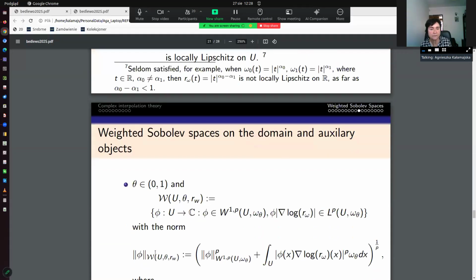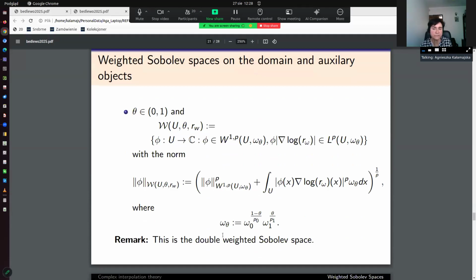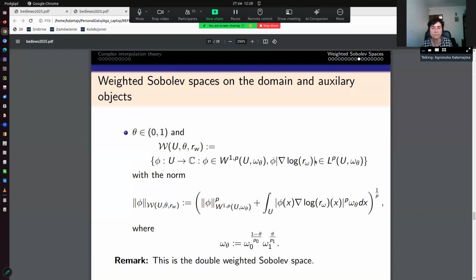Then I take theta and a special space, which is a kind of auxiliary space, a two-weighted Sobolev space. First, phi must be in W^{1,p}, weighted with respect to the weight omega theta. And then I take phi, but multiply it by the gradient of logarithm of R omega, which was here.